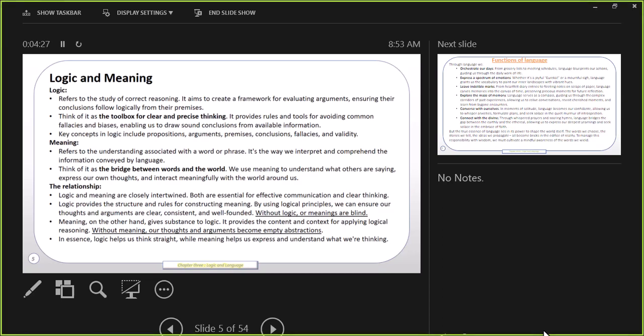What do you understand by this phrase? Logic is empty without language. Language is blind without logic.